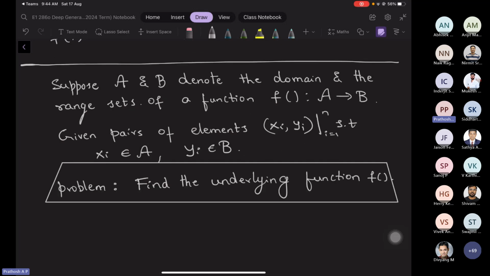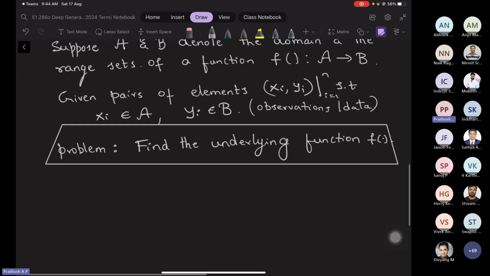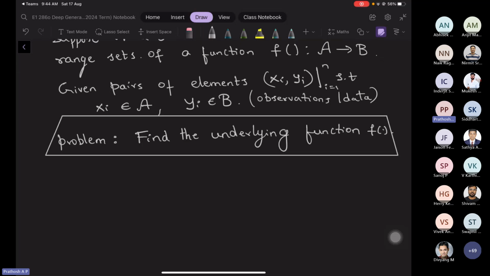This has been a problem of interest for scientists and engineers from time immemorial, right? If you are given some n elements, you can also call these observations or data. Given this, try to find the underlying function f. Now, why is this important? Suppose you find the underlying function. What is the use of finding it?